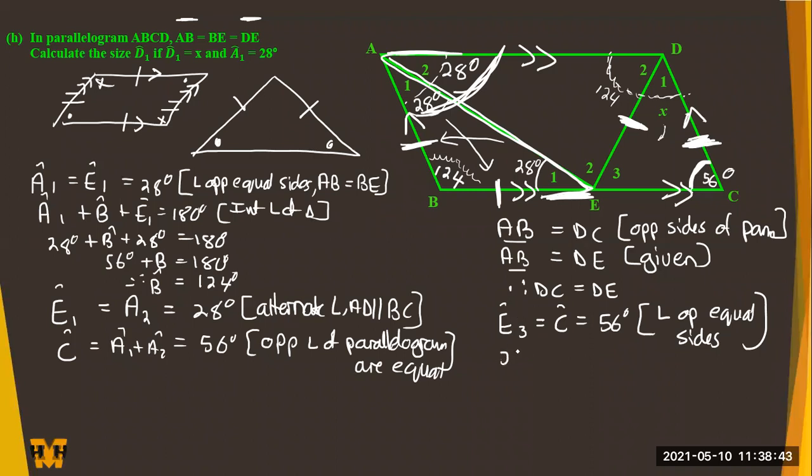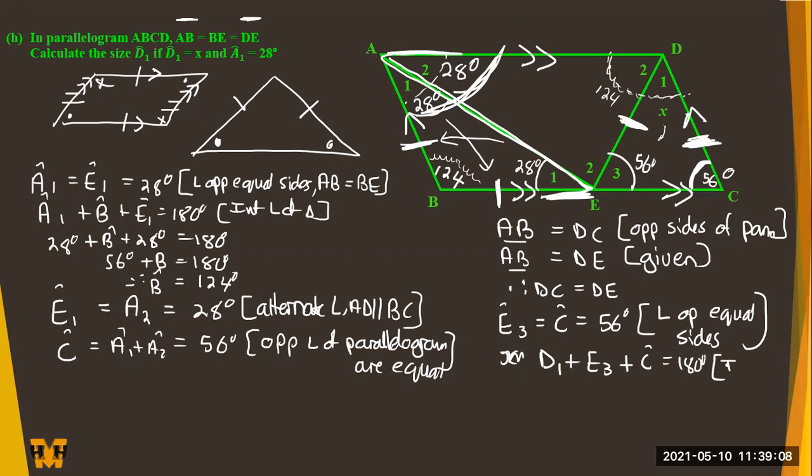And from there, you just substitute D1, which is X, and I'm going to work with my interior angles of a triangle. So I'm actually going to say D1 plus E3 plus, let me just fill in my 56 there, plus C is equal to 180 degrees.